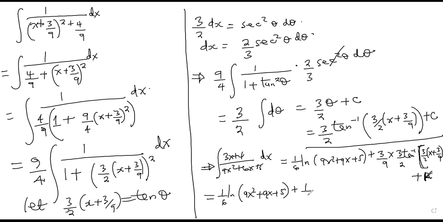So we shall have a half tan inverse of 3 over 2 x, then plus, when you multiply this, 9 over 18, which is going to be a half, plus a constant of integration.